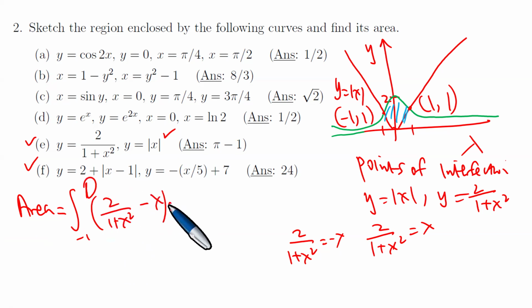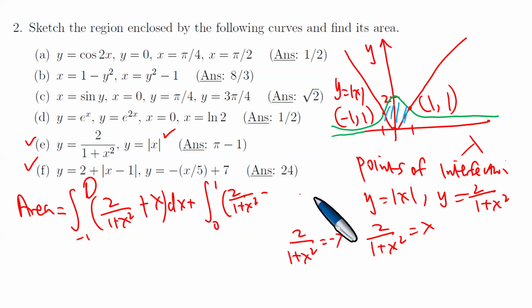Then you integrate from 0 to 1. You still have the upper curve, 2 over 1 plus x squared, minus the lower curve. This one is going to be plus x, and this one is going to be minus x dx, because this curve here is y equals minus x, and this one is y equals x.